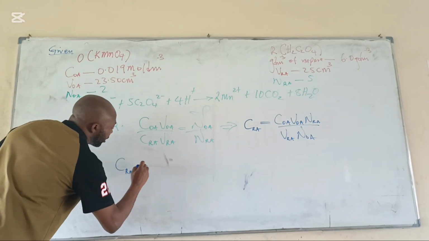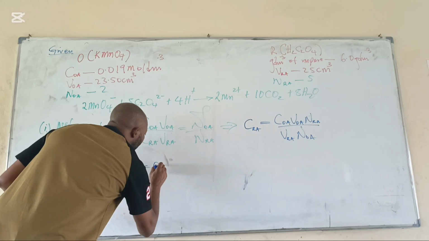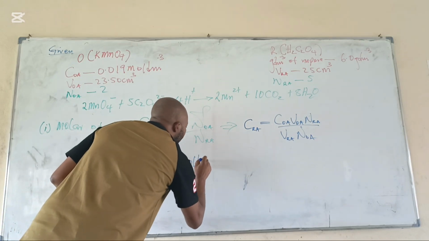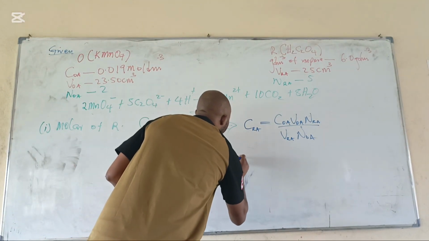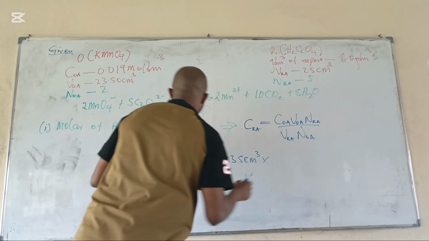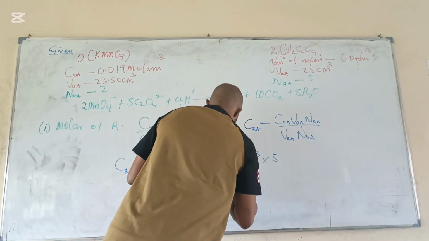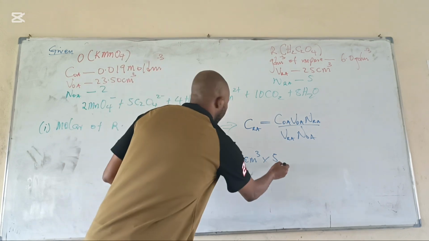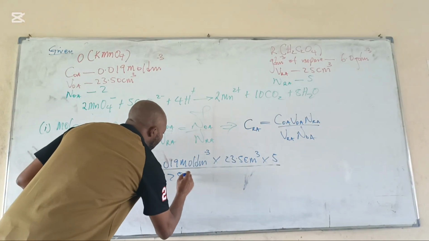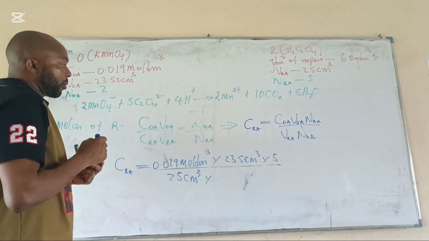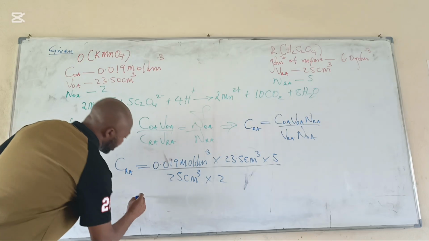The concentration of reducing agent will become, when I substitute, the concentration of oxidizing agent given as 0.019, so 0.019 mole per dm³ times the volume of oxidizing agent 23.50 cm³ times the number of moles of reducing agent, which is 5, all over the volume of the reducing agent, 25 cm³, times the number of moles of oxidizing agent, which is 2. So this equals what?